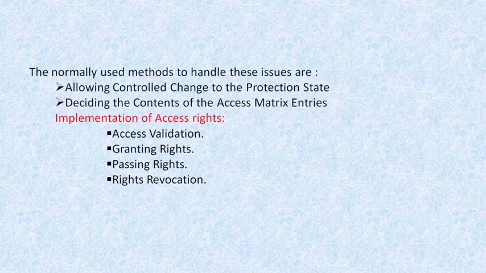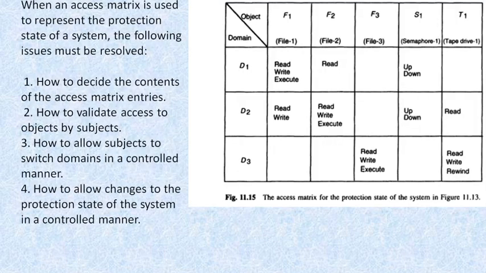And access revocation means the access rights can be revoked through deletions or updates. Any access right R for any object O is revoked means that from the domain D, we simply delete R from the access rights. So the domain will not contain the access rights of O. Okay, you can easily modify these revocation rights.